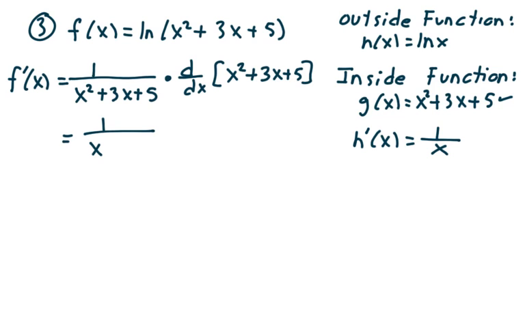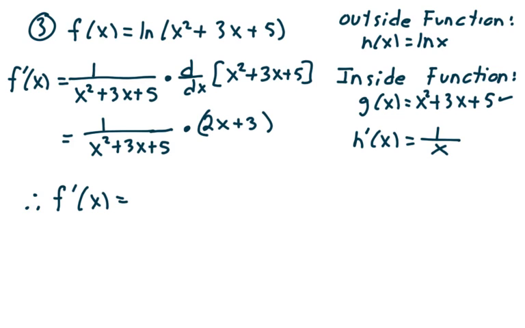So this is 1 over x squared plus 3x plus 5, and I'm going to multiply by 2x plus 3. Okay? And so therefore, f prime of x is 2x plus 3 divided by x squared plus 3x plus 5.